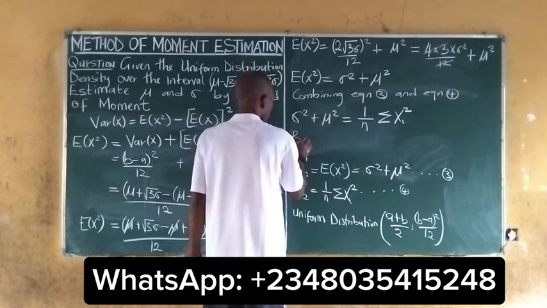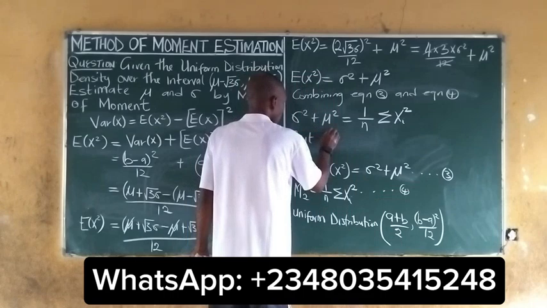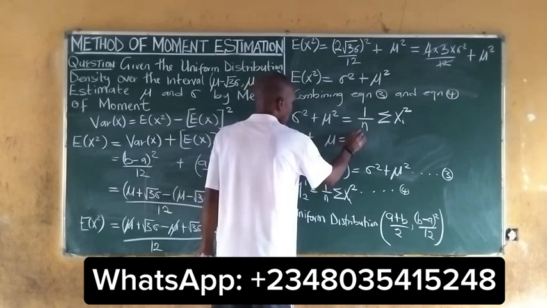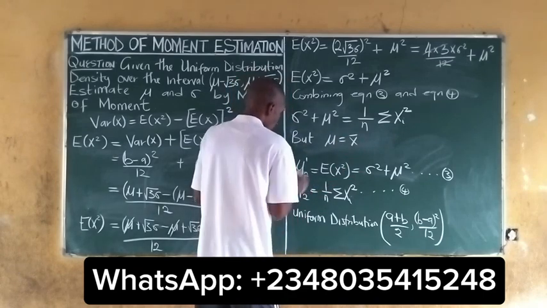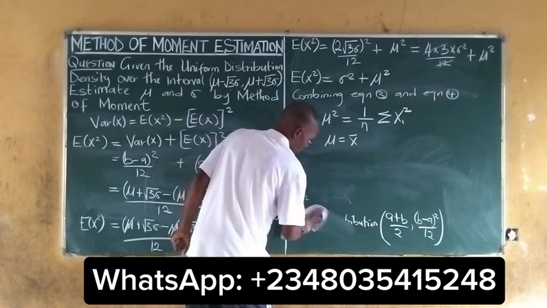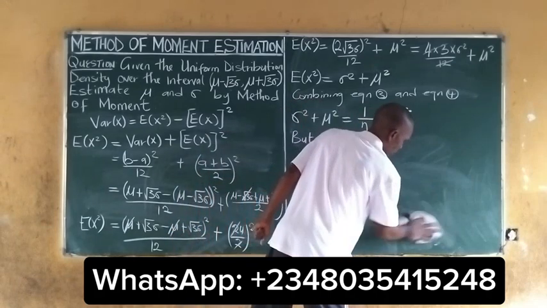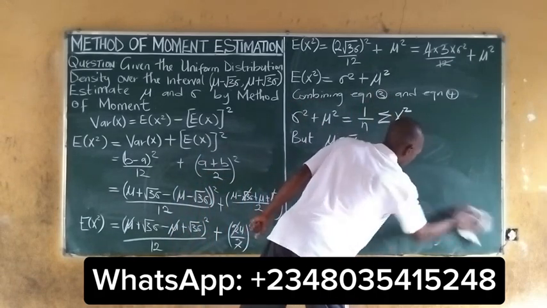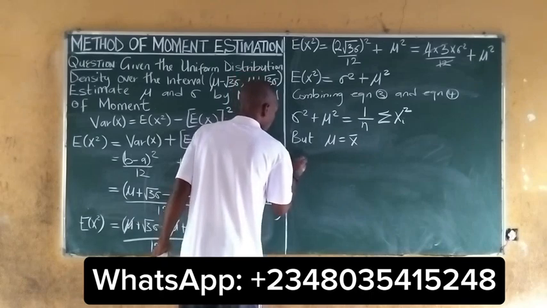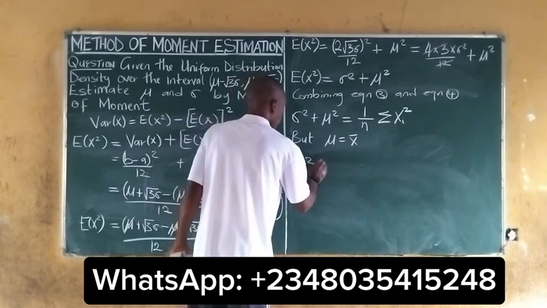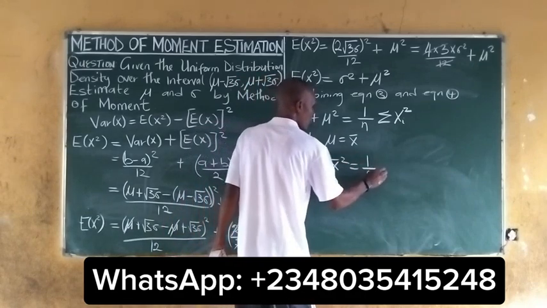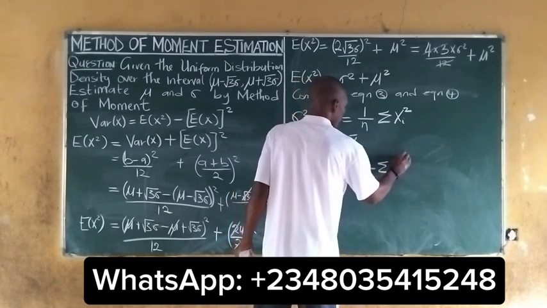Of course, we know that mu is equal to x bar. So we can write this as sigma squared plus x bar squared to be equal to 1 all over n summation of xi squared.